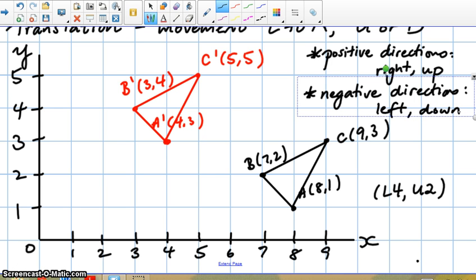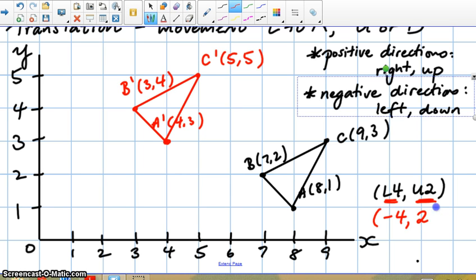Knowing that, we look at left 4. Left is a negative direction, so we're going to represent left 4 and call it -4. This is how we represent the direction in terms of an ordered pair. We look at up 2, and I note up above, that up is a positive direction. So I'm just going to leave that at 2.